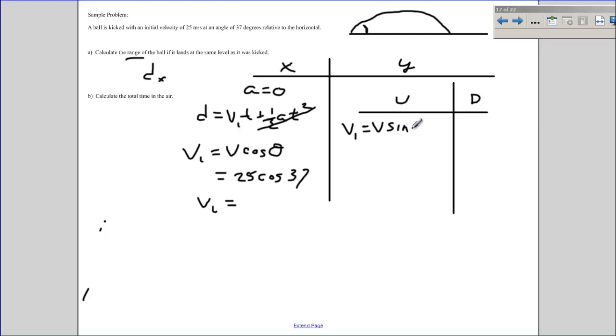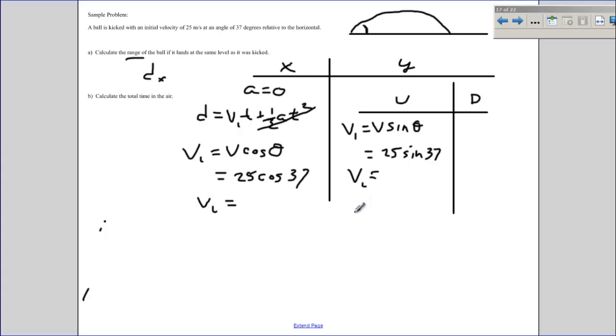This should make sense if you think back to the unit circle that you did in pre-calc, I think. So it's sine theta, and I do that: 25 sine of 37. Just learning how to use this pen, so bear with me. My vi in that case will equal something. It's my y component, and it's probably less than half, so it's going to be somewhere around 10 or something like that. Again, a number, so I can calculate that.